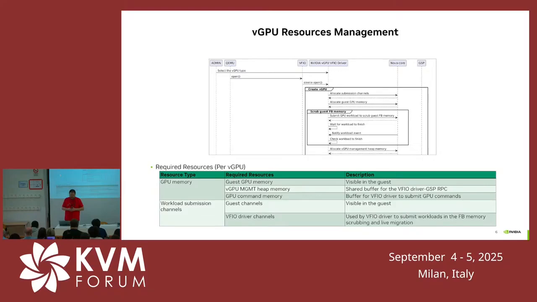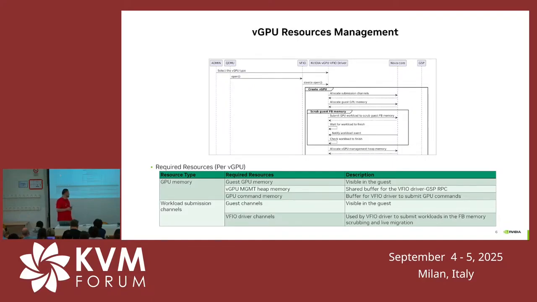And the next step is about allocating the resources for the vGPU, because you have already selected the vGPU. Now things have been settled, like how much GPU memory you're going to allocate to the guest, how much submission channels you allocate to the guest, and as the VFIO driver, we also need some resources per vGPU to do the management work and all these initialization things.